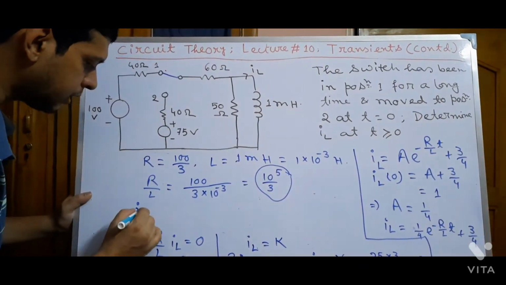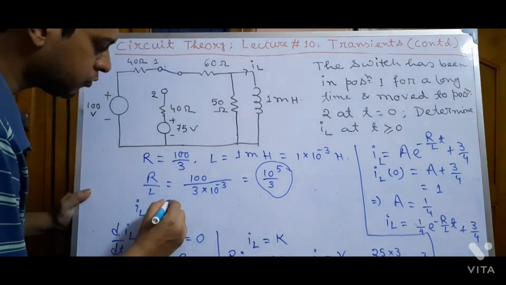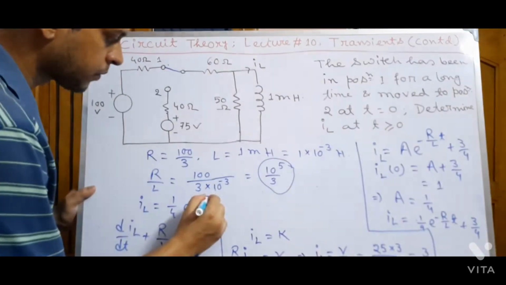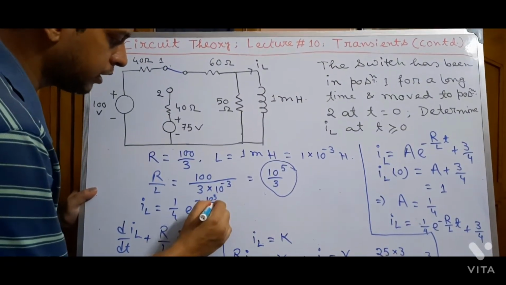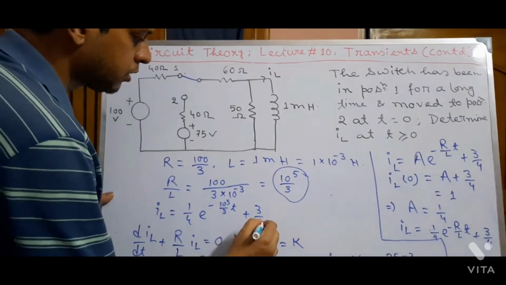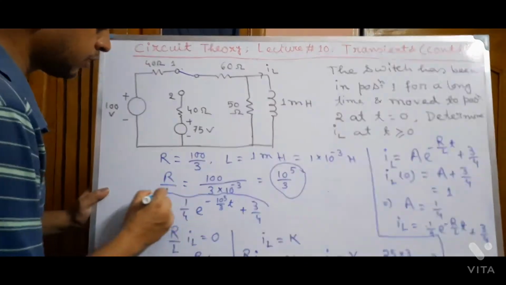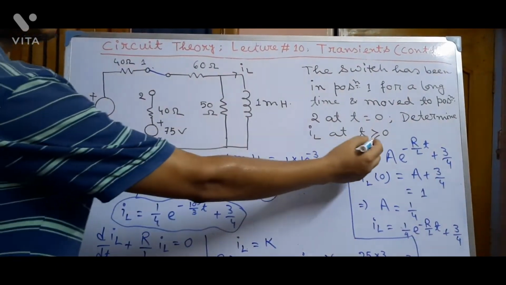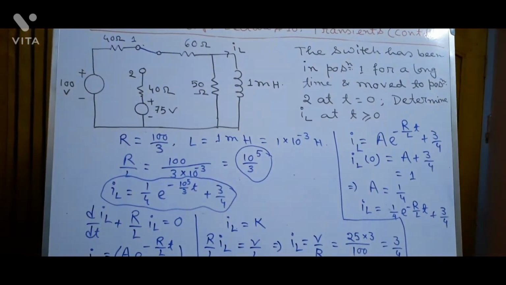So IL equal to 1 by 4 e to the power minus 10 to the power 5 by 3 t plus 3 by 4. This is the expression of current through the inductor at t greater than 0. Okay?